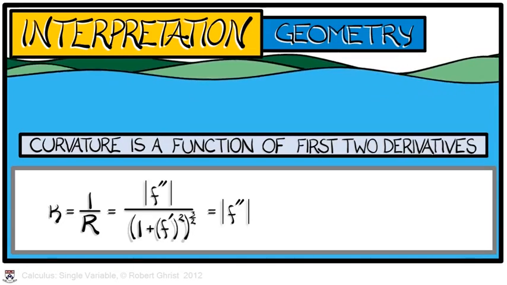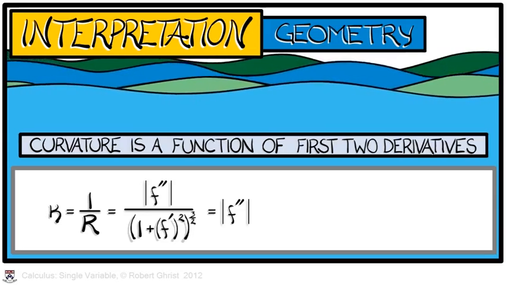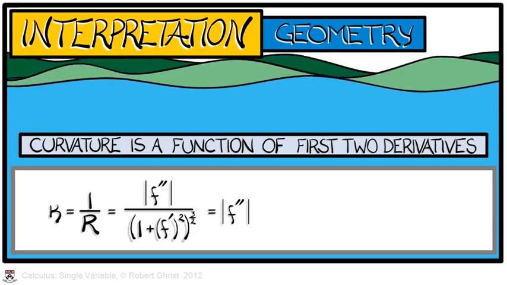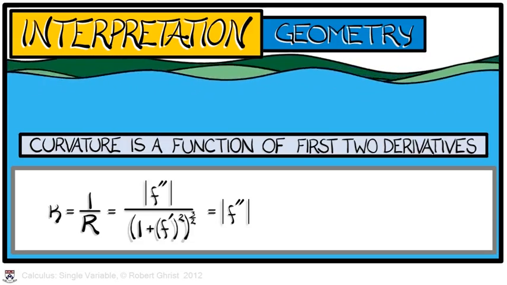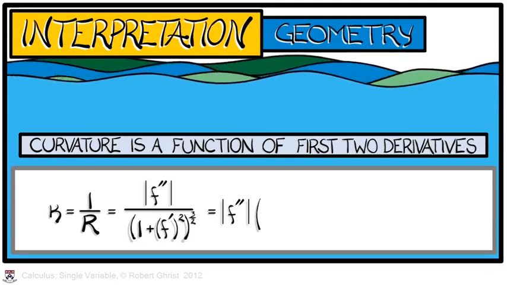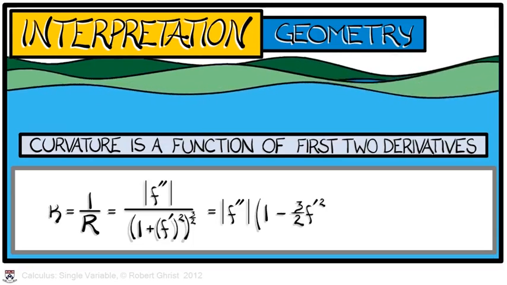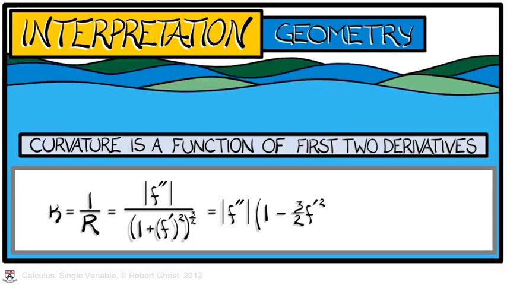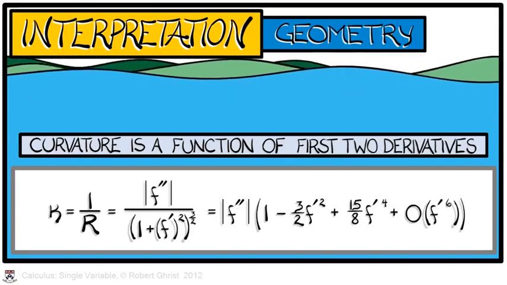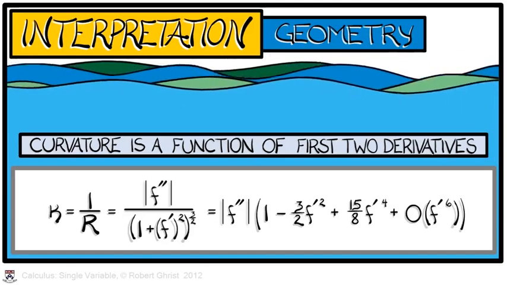If we were in a setting, let's say looking at ocean waves, where the derivatives were fairly small, then we could approximate the curvature by saying it's f double prime times what? Well, if f prime is small, we can use the binomial series to expand it as 1 minus 3/2 f prime squared plus some higher order terms in f prime. You could work out what those are.